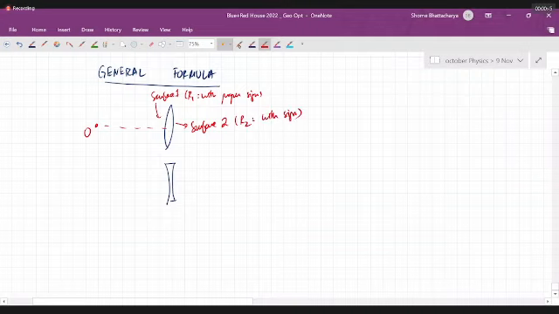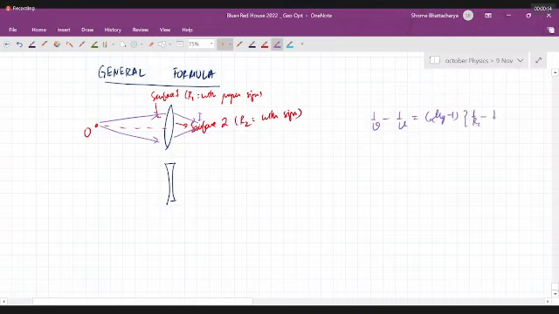Okay. So whatever is happening, the final position of the image will be such that 1 by V minus 1 by U will be equal to mu of glass with respect to air minus 1 into 1 by R1 minus 1 by R2.